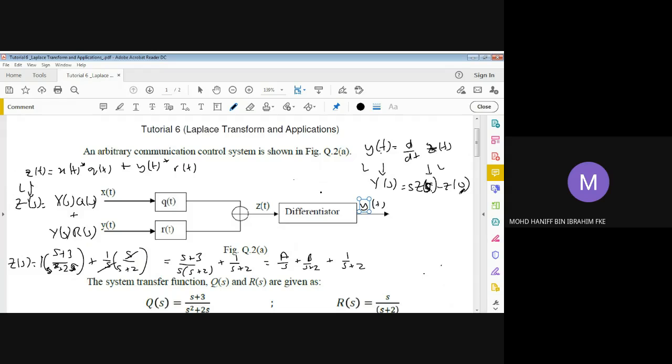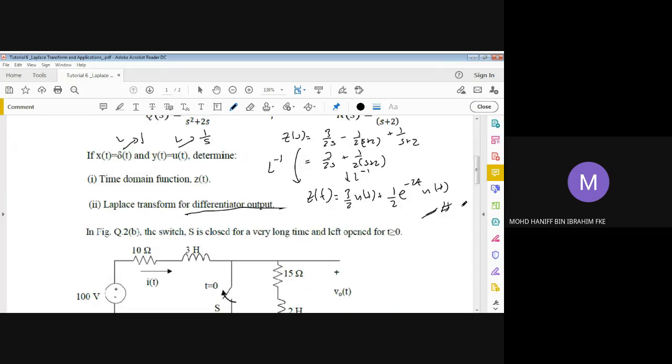So how to find z(0)? That should be based on the equation that we obtained previously from part 1, because this is z(t). To find z(0) for that equation, we simply substitute t equals 0.